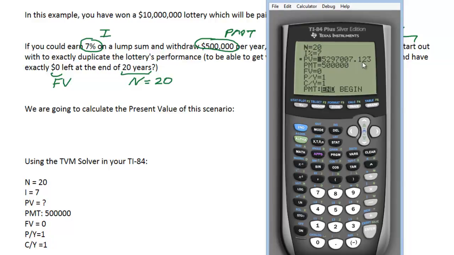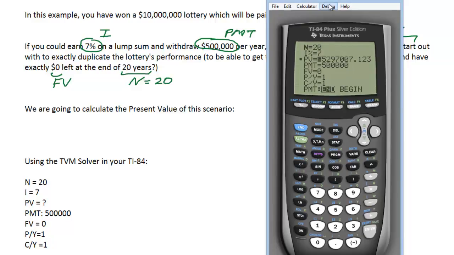And this calculates the present value or the amount of money that we're going to need to invest today so that we can take out yearly payments of $500,000, and so that you could duplicate what the lottery is offering you, right?